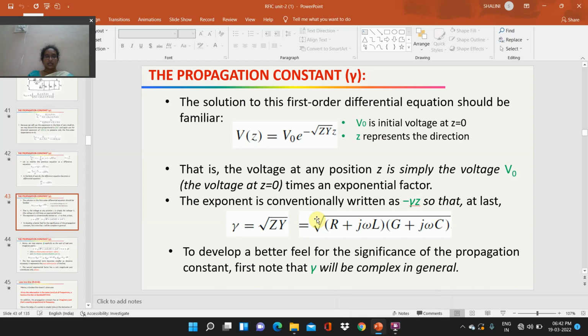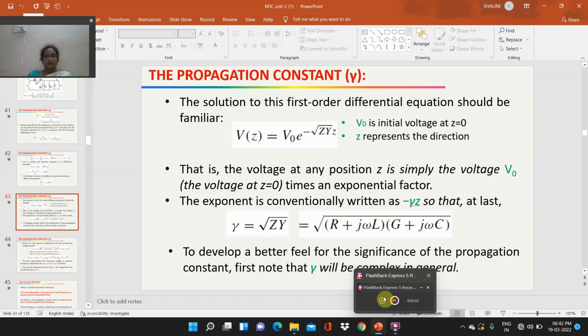The exponential is conventionally written as e power minus gamma z, so that gamma is equal to square root of ZY, which is the square root of (R plus j omega L) into (G plus j omega C).